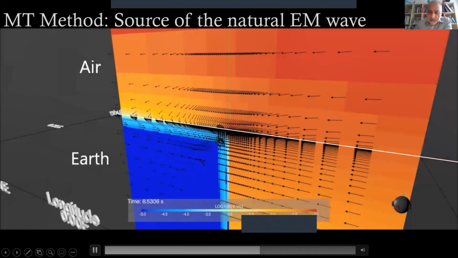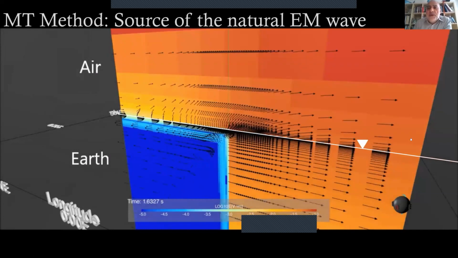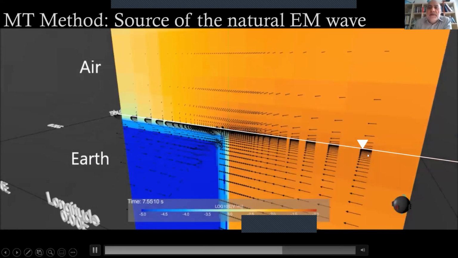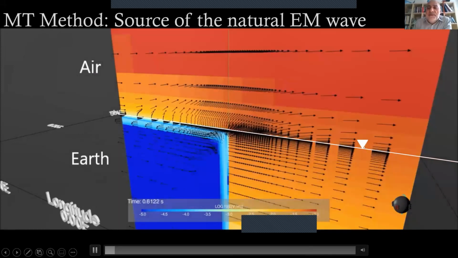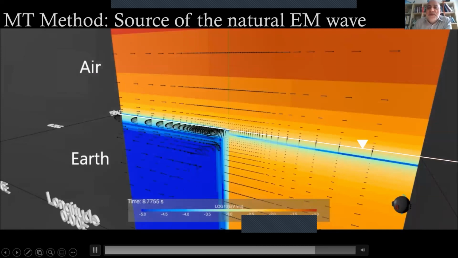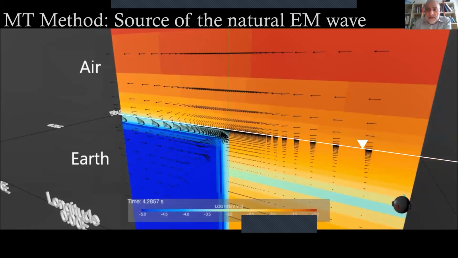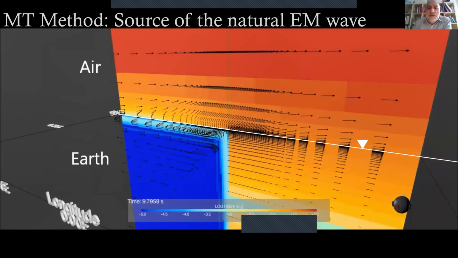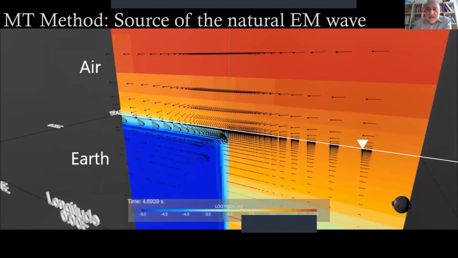Now, imagine that you put a sensor somewhere at the top of the surface. Let us look at that triangle here. And you have the required instrument to measure the time variation of the electric and magnetic field. That is how we do the magnetotelluric measurement, or MT measurement.